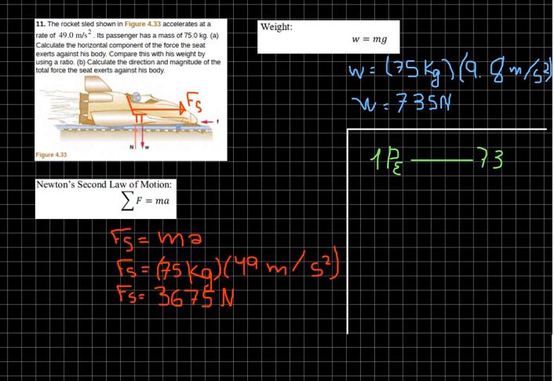remember that the weight is the force with which gravity pulls us downward. So if one planet Earth is able to produce this force in the body of the passenger, how many planets Earth are needed to produce the force that the passenger is feeling on his back? 3,675 newtons.